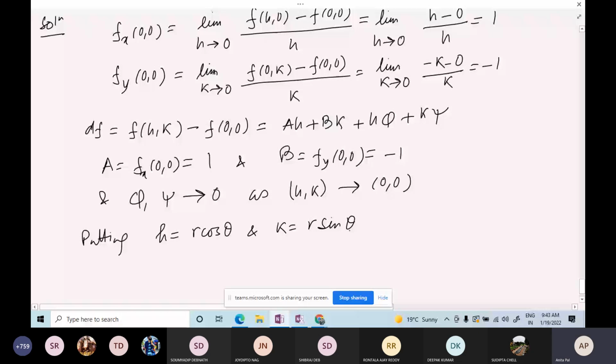If you put this in equation 2 and make r tend to 0, you are going to get cos cube theta minus sin cube theta equals cos theta minus sin theta.